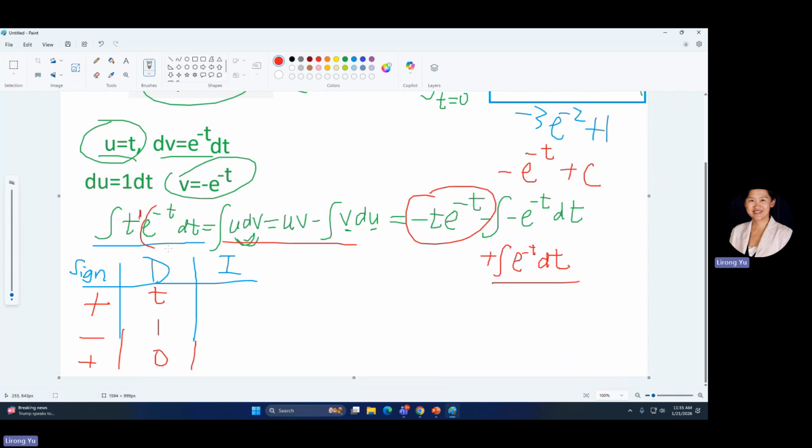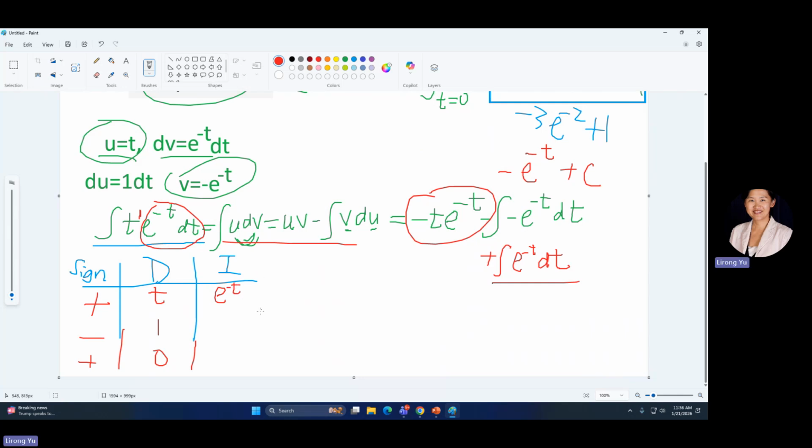This is the dv, the part that we keep integrating. If you are applying integration by parts multiple times, you'll be integrating multiple times. But with the tabular method, we can combine all those applications in one table and follow the table. So for example, the one we're integrating is e to the negative t.